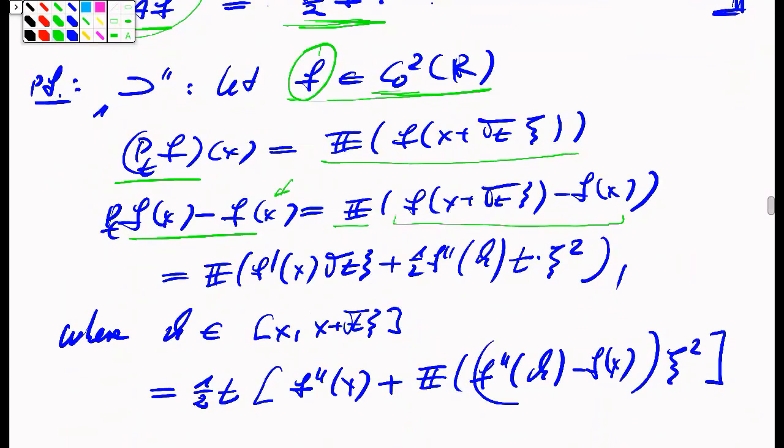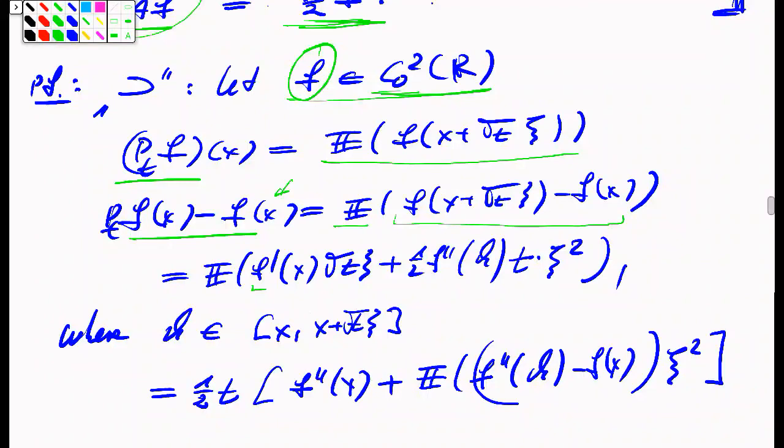And then we can use the fact that the function f is C2 regular, which allows us to use a Taylor expansion with the error term given by Lagrange, if you like. So therefore this difference can be expressed in terms of a Taylor expansion of order 2.